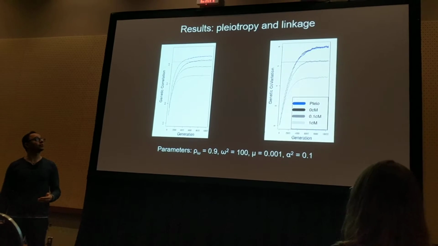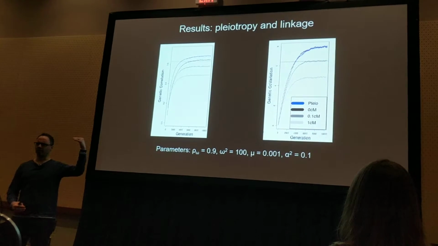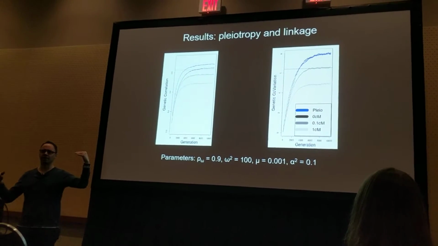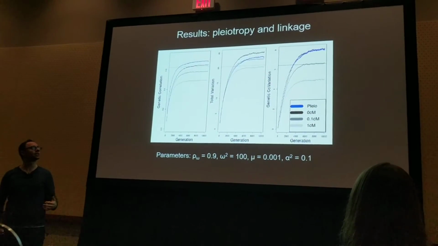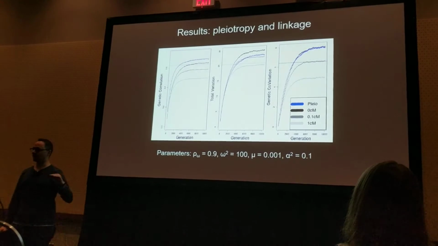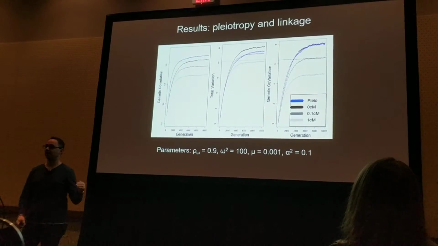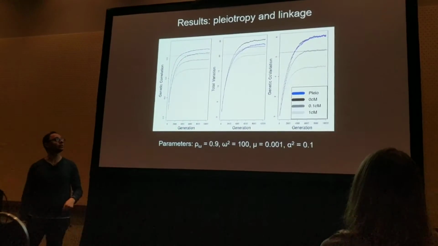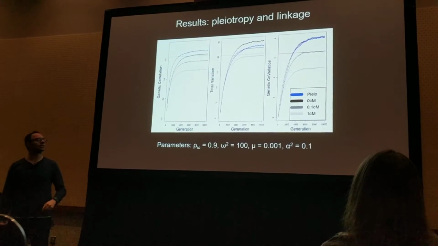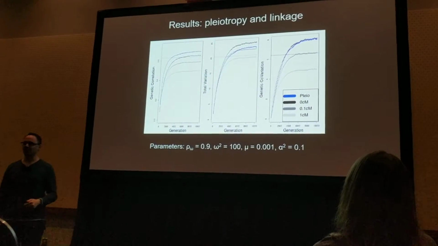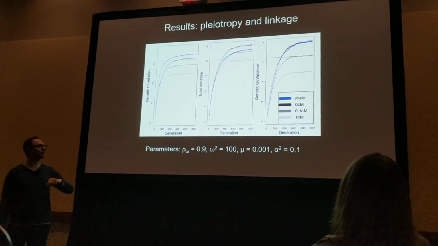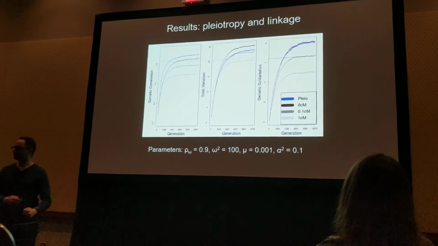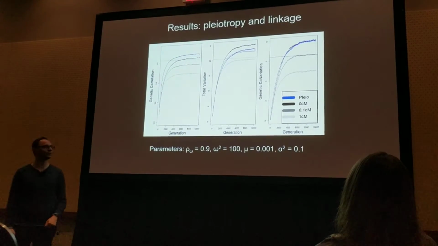So pleiotropy has higher genetic correlation but the same amount of covariation. That must mean that it has slightly lower total genetic variation that it can maintain compared to linkage, and that's exactly what we see here. There are some pretty good reasons for that that I can talk about later, but I don't have time because I have to talk about the parameter values that I went through.